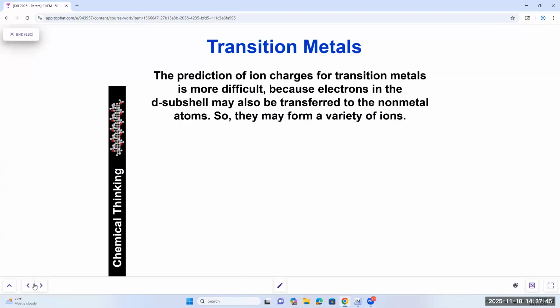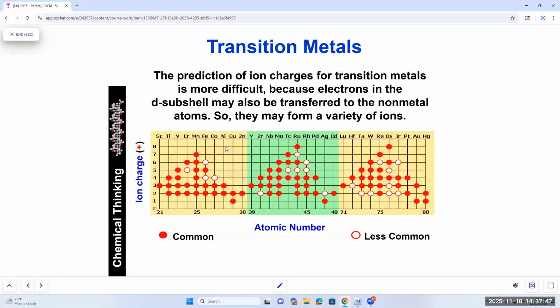I'll show you. Let's think about the transition metal manganese. Manganese can form +7, +6, +5, +4, +3, +2, and something like iron can form +6, +5, +4, +3, +2. So it can form many different ions. So just by considering the position in the periodic table, we cannot determine what charge they are going to form in an ionic compound.